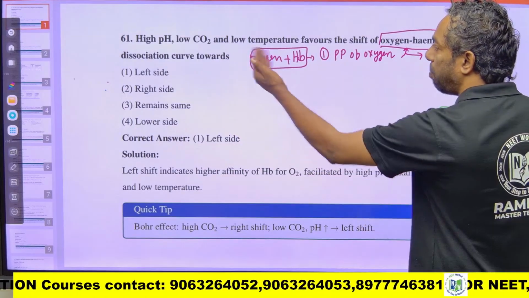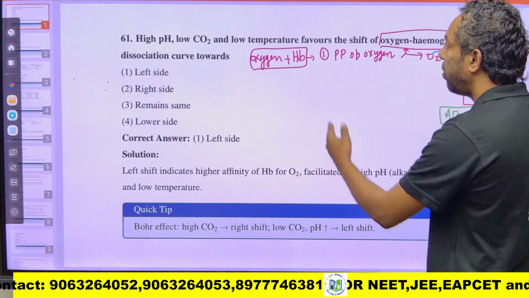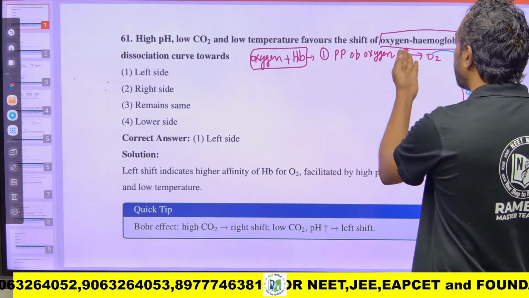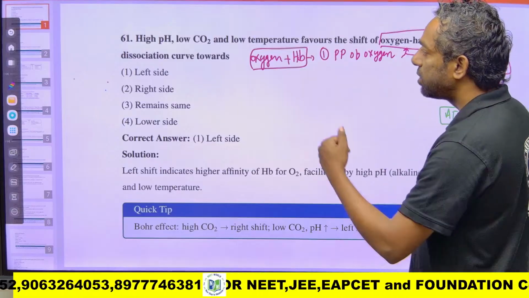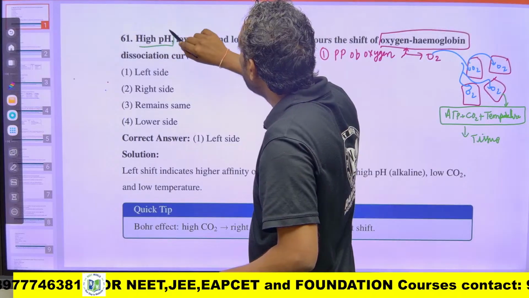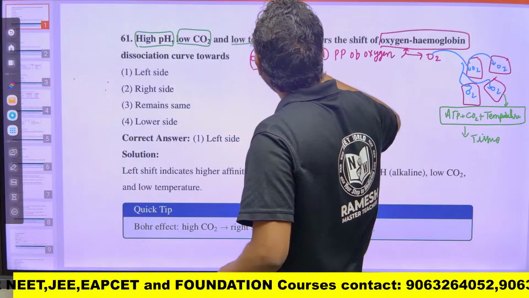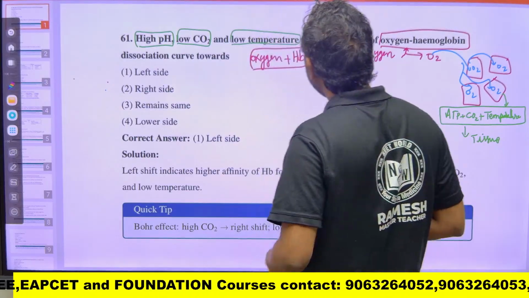Guys, the question says high pH, low CO2 and low temperature favor the oxyhemoglobin dissociation curve towards, and where is this going to take place?